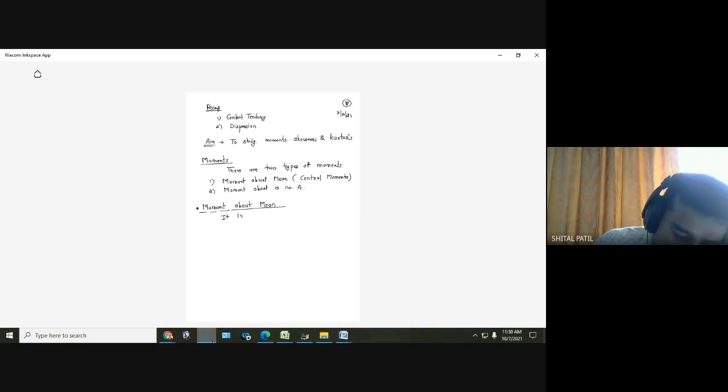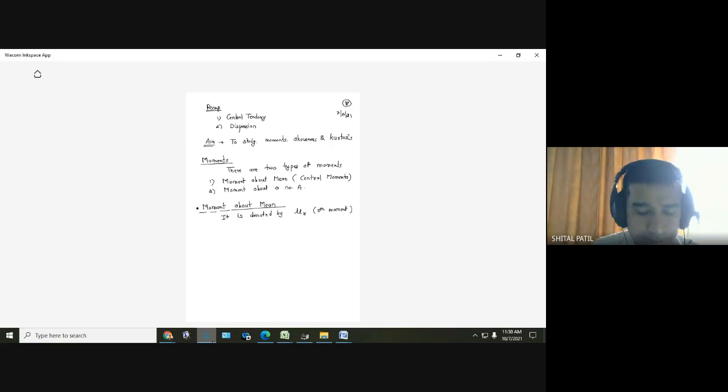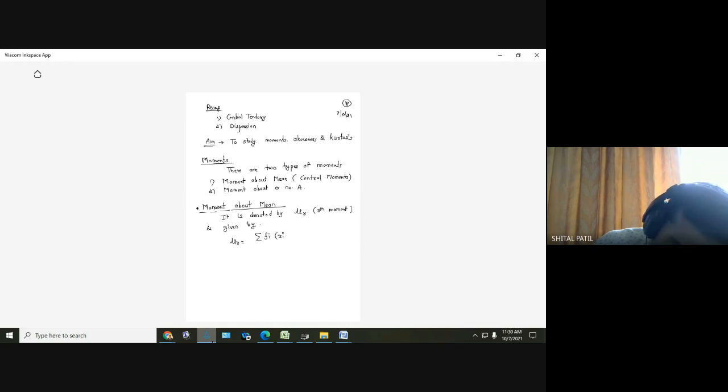It is denoted by mu r, the rth moment, and given by this formula: mu r equal to summation of fi (xi minus x bar) raised to r, divided by summation of fi.